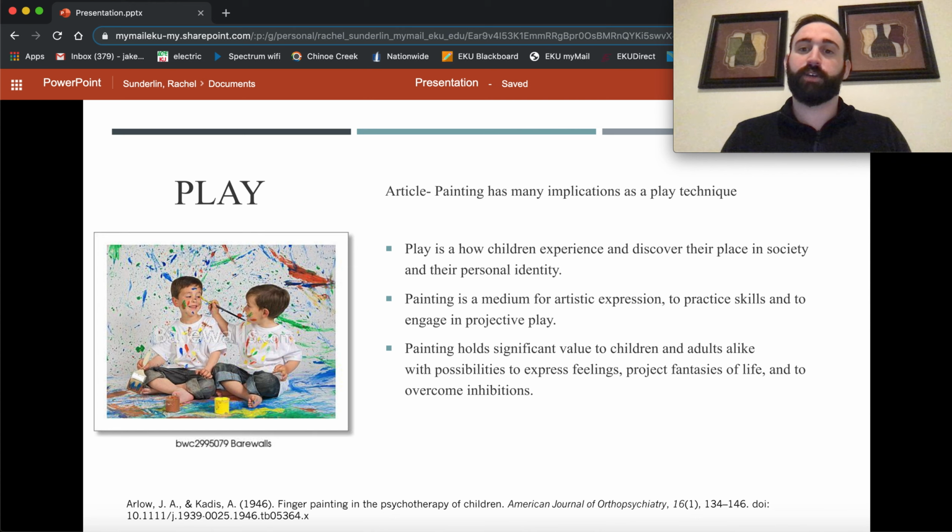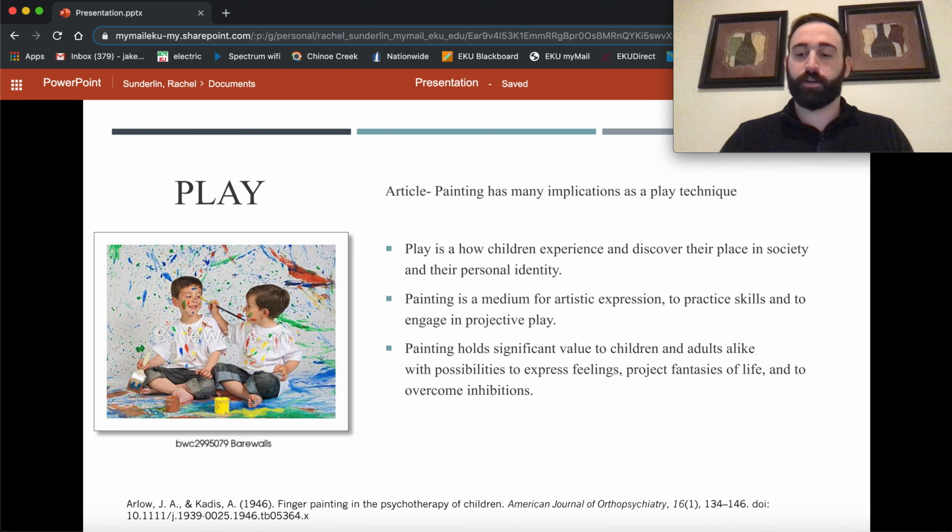Painting holds significant value to children and adults alike, with possibilities to express feelings, project fantasies of life, and to overcome inhibitions. So basically, painting is a fantastic way to disguise therapy as play, and I've actually seen that a lot in clinics that I've shadowed in.